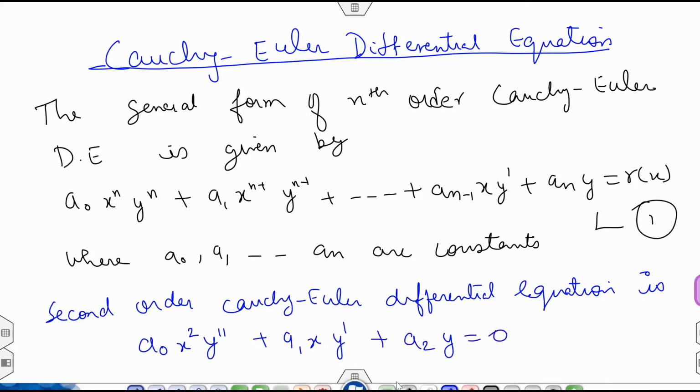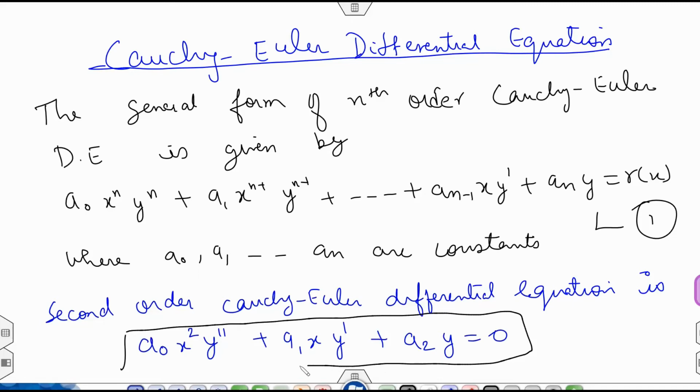So this is your second order Cauchy-Euler differential equation, and we are interested in finding the solution of this type of differential equation. Now you can see that here there is an x square which is multiplied with y double dash, and here is x multiplied by y dash. If it is not there, it is simply the second order homogeneous differential equation with constant coefficients.